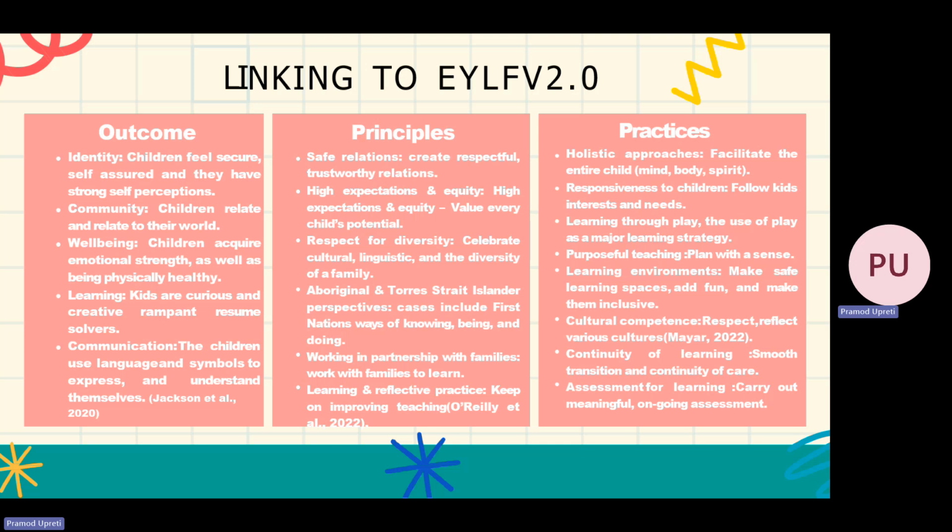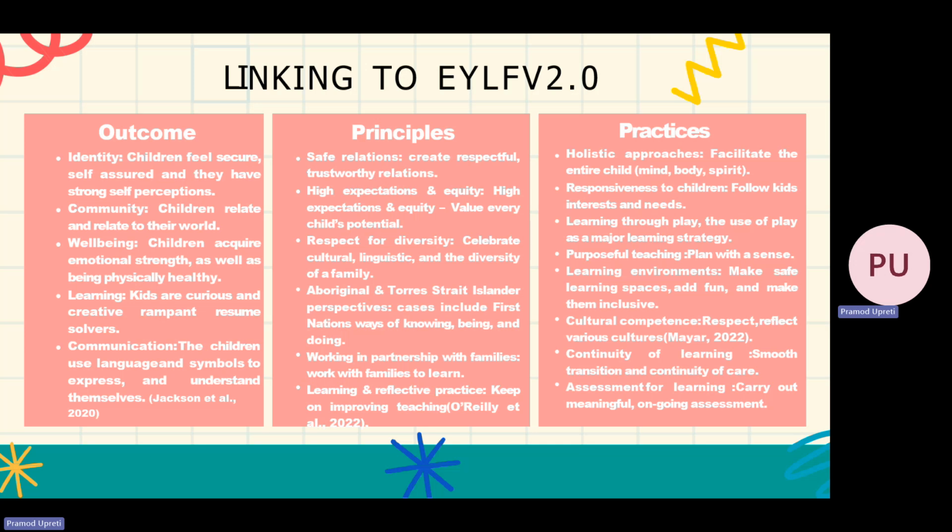In addition to outcomes, EYLF also provides principles and practices to support learning decisions. The principles include building respectful relationships, holding high expectations for every child, valuing diversity, and working in partnership with families.